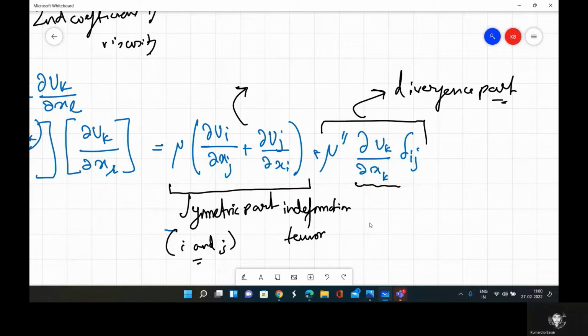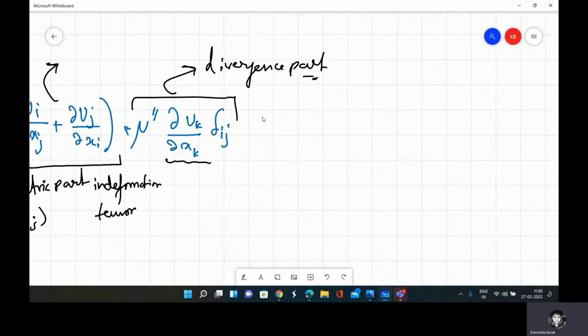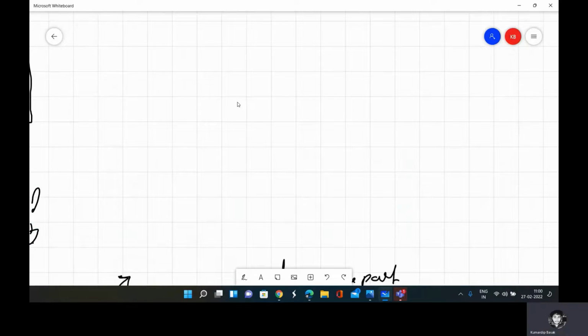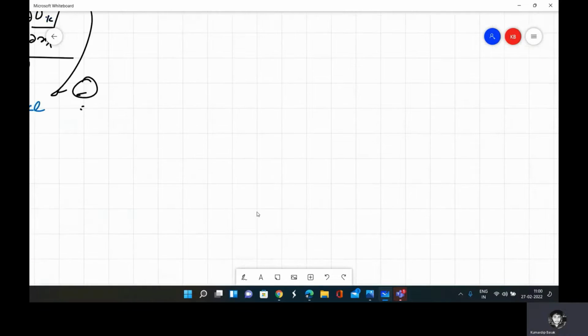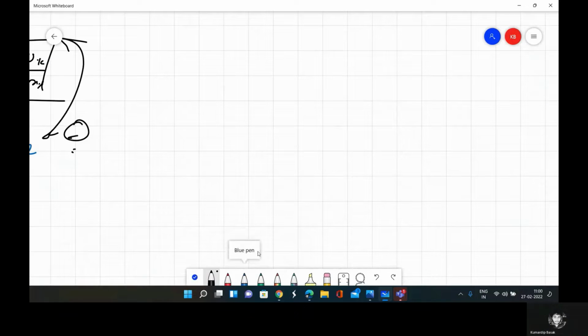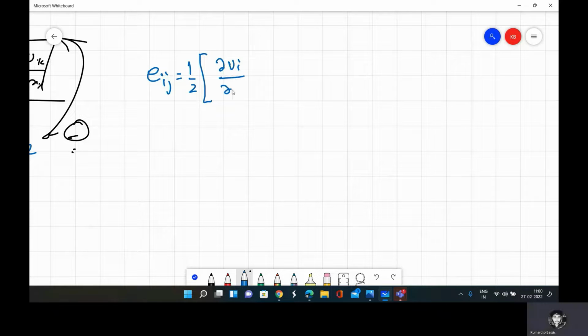Now, again, let's say we define two quantities. Let's define it here. I am defining Eij as half of dou ui by dou xj plus dou uj by dou xi, that same expression we have derived.